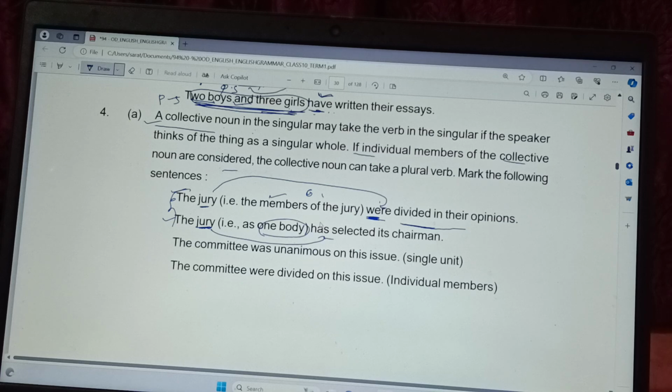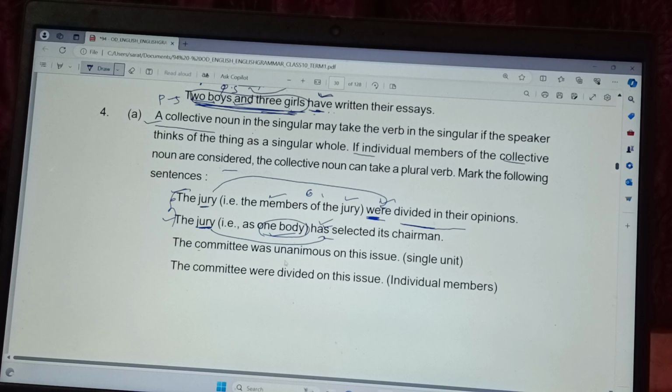So we put a singular verb in that case. When it is considered as one body, we put singular. When it is considered as individual members of the body, we put a plural verb. Guys, understand?